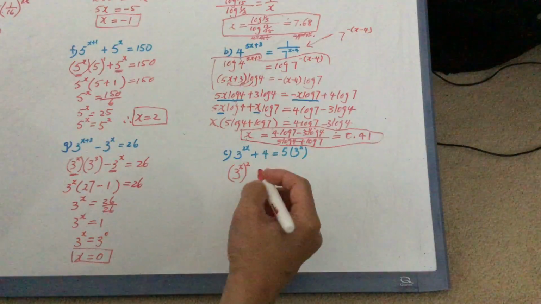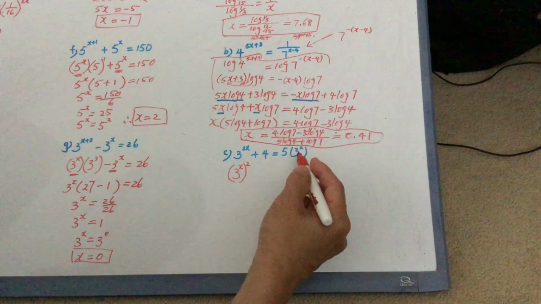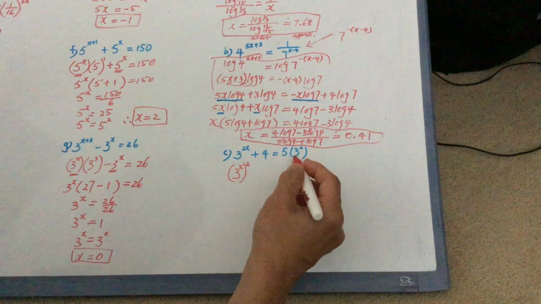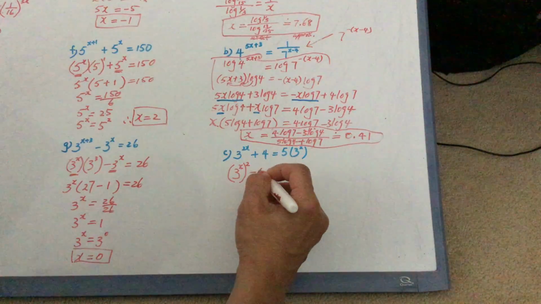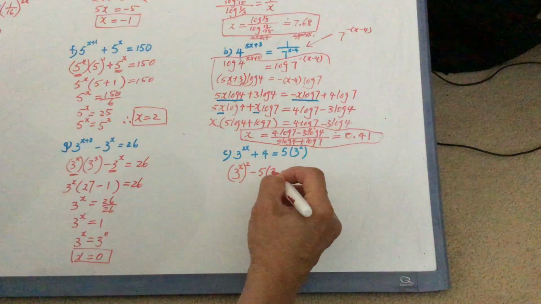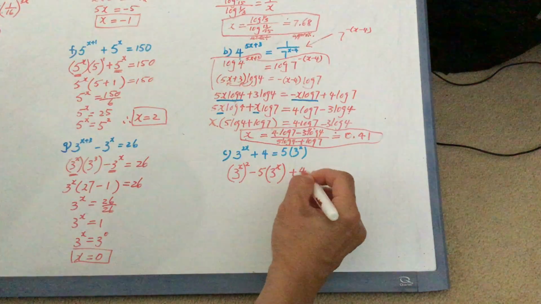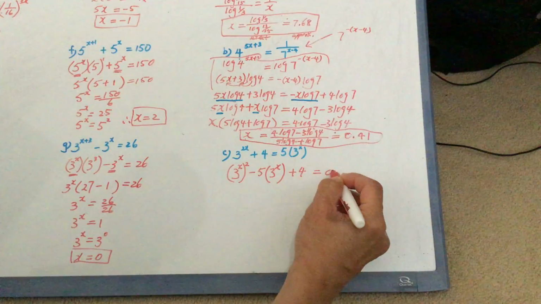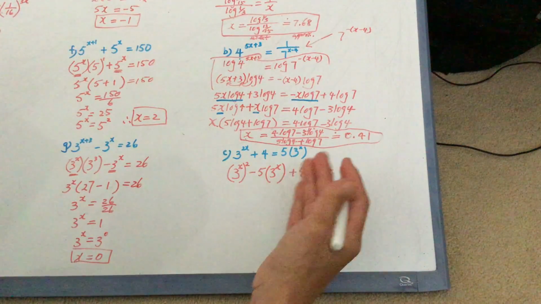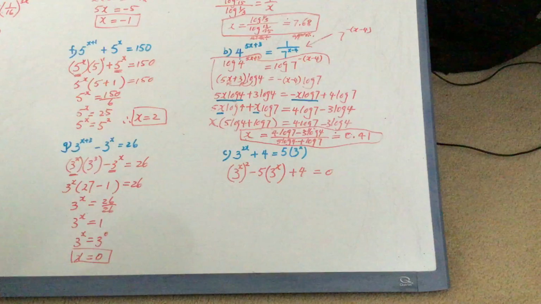So it's not another 3. When I bring the other terms, minus 5 times 3 to the x, from the other side, plus the 4, what is left on the right hand side is 0. I'm bringing everything over to the left side.